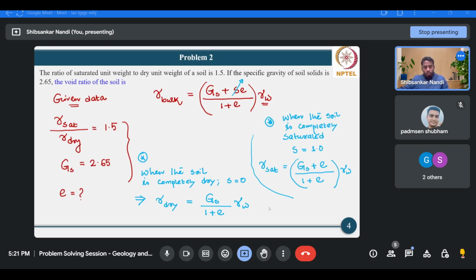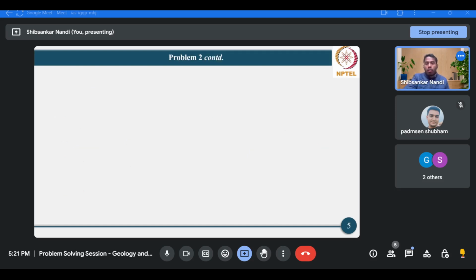We can define the ratio now in this fashion: gamma saturated by gamma dry equals (GS plus e) divided by GS.